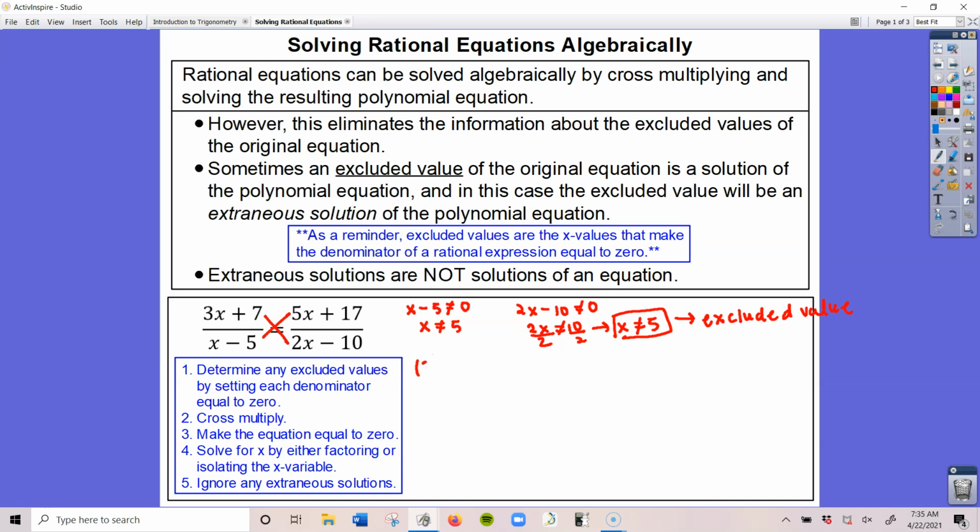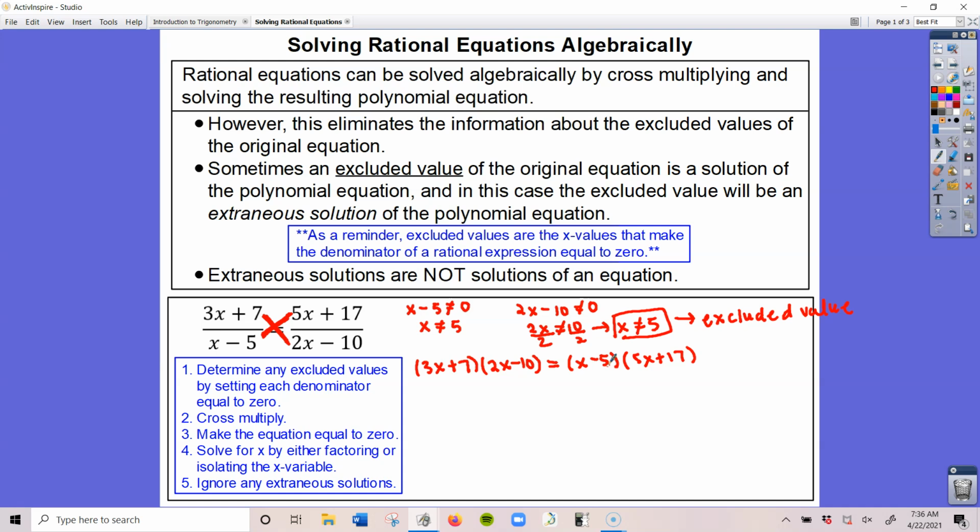So (3x + 7) times (2x - 10), that's this diagonal here, equals this diagonal, which is (x - 5) times (5x + 17). Now the order in which you multiply the diagonals does not matter. If you did (x - 5) times (5x + 17) equals (3x + 7) times (2x - 10), it is the same exact thing. You would end up with the same answer.